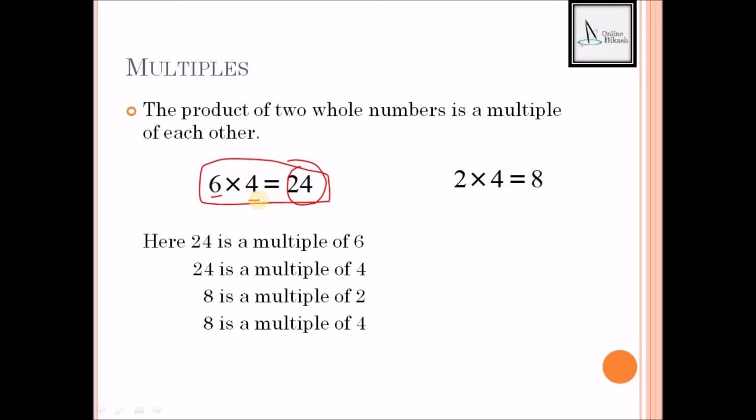Okay, in this case, you see, 2 multiplied by 4 equals 8. So 8 is a multiple of 2 as well as a multiple of 4. Okay, this is the basic of multiples.